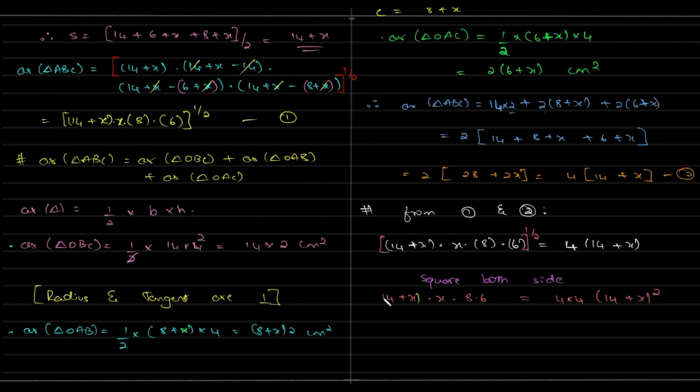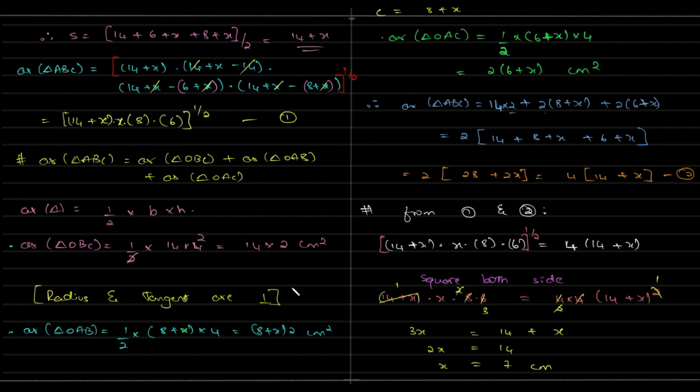So we have, this is 14 plus x and 14 plus x, right? They'll cancel and we have 4 ones are 4 twos are, then 2 twos are, 2 threes are, 2 ones are 2 ones are. So 3x is equal to 14 plus x. So transpose it. 2x is equal to 14. x is equal to 7 centimeter.